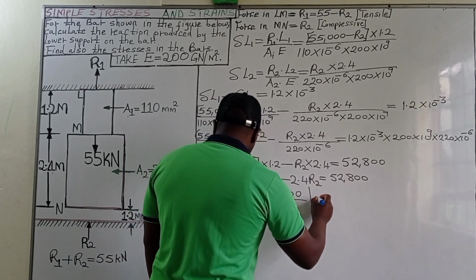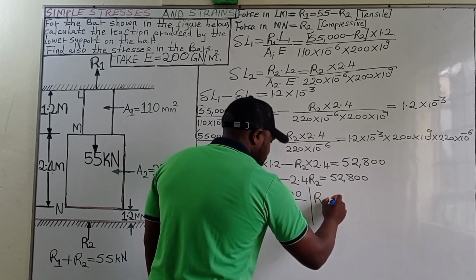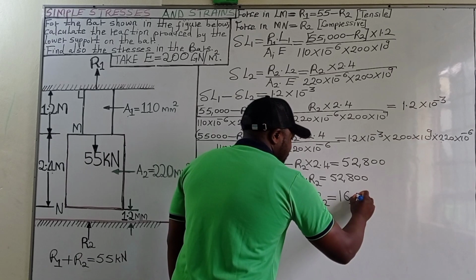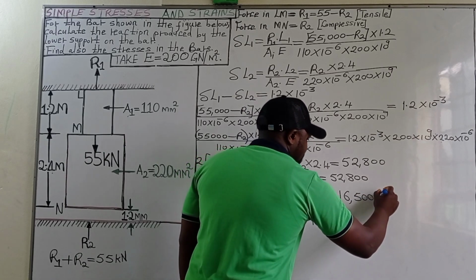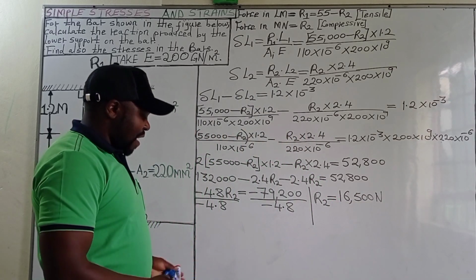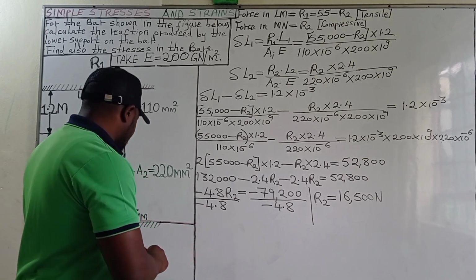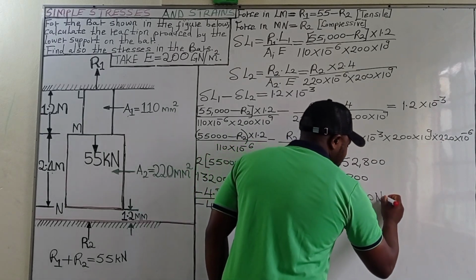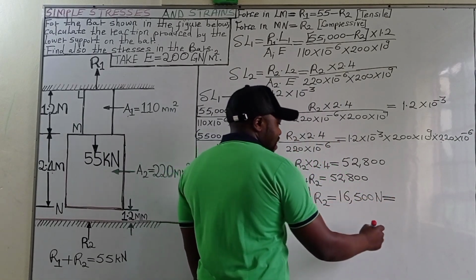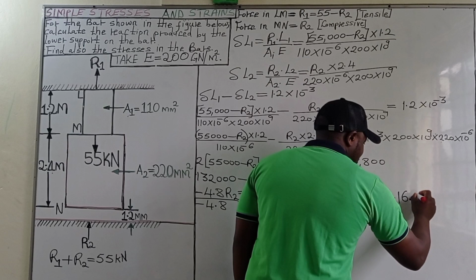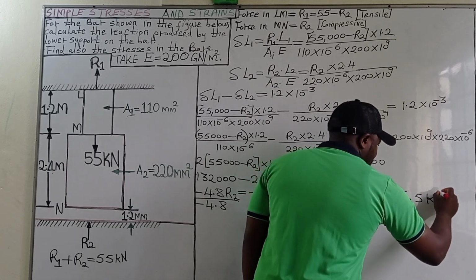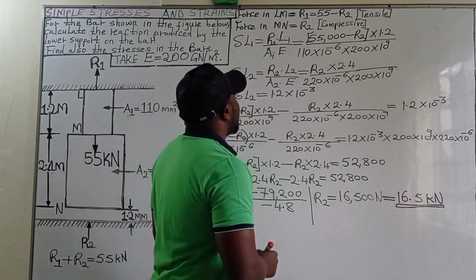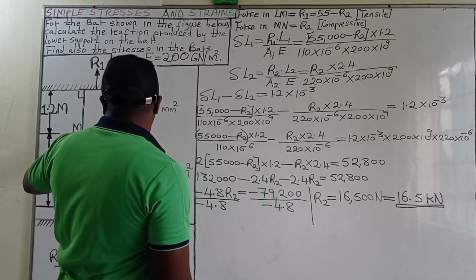And we are going to get R2 being equal to 16,500 newtons. So that is the value of R2. That is the reaction at the lower support. When you convert it to kilonewtons, we divide by 1,000, that is going to be 16.5 kilonewtons. So that is the reaction at the lower support, or the total force in Mn.